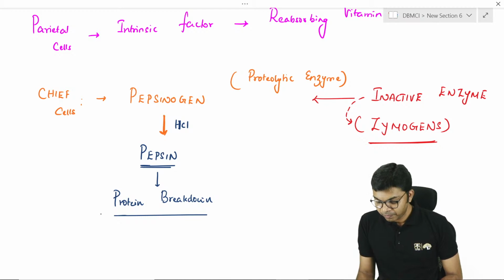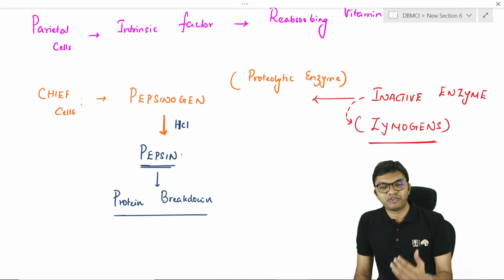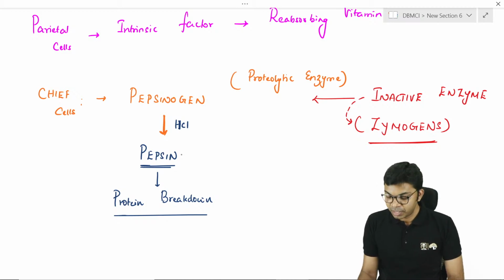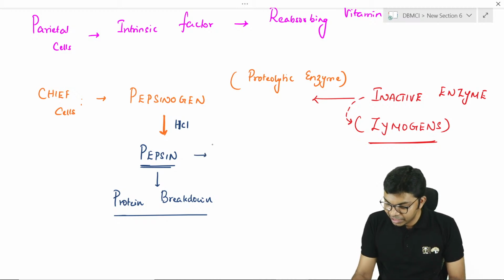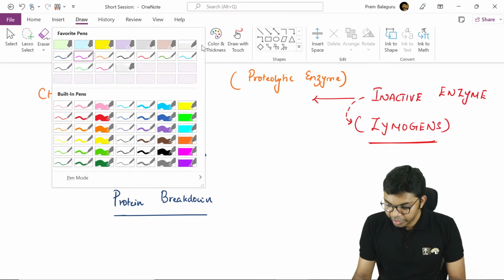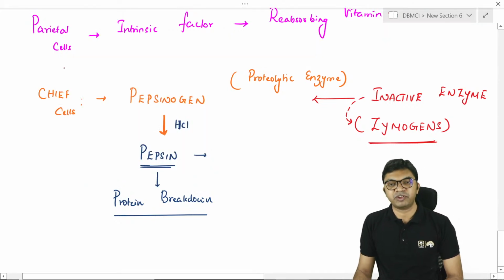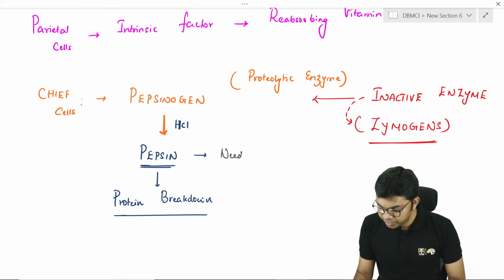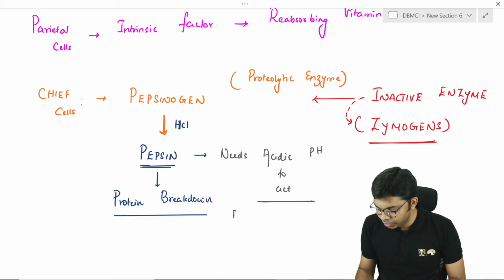That's lovely. Now, once pepsin is formed, there is going to be a narrow window for pepsin to act. Pepsin needs acidic pH to act, doctors, and hence pepsin acts only at a pH of 1.8 to 3.5.